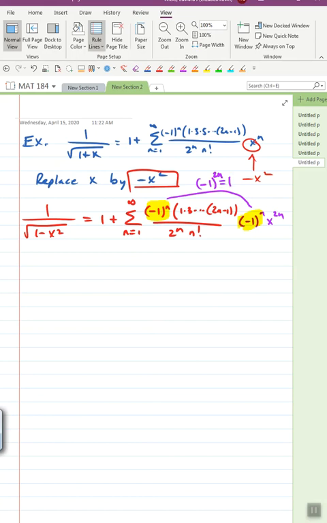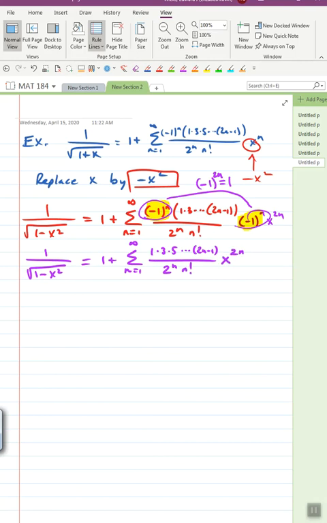Since that power is even now for all n, these two together just, if you want to call it, cancel each other out and just make a positive 1. So what we're saying now is we have a simple series for 1 over the square root of 1 minus x squared. It's 1 plus the sum from n equals 1 to infinity of 1 times 3 times 5 down to 2n minus 1 over 2 to the n factorial times x to the 2n.